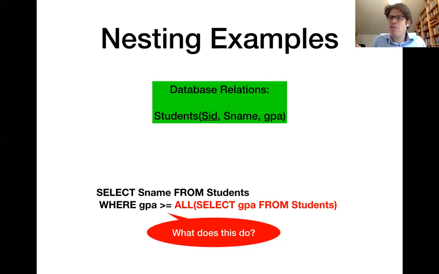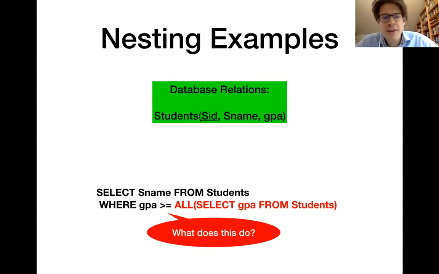If there are some students where I don't know the GPA, I cannot verify whether one specific student has the highest GPA, because I don't know the GPA of some of the other students, right? And for this to be false, that is the case if there is another student who has a higher GPA than the currently examined student.